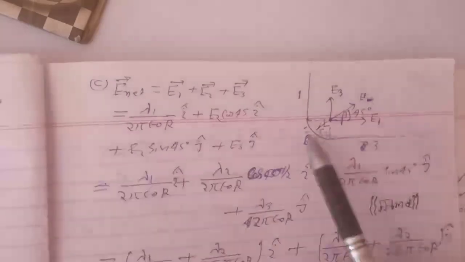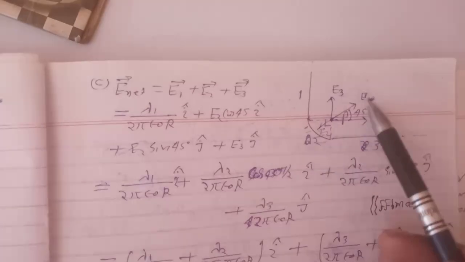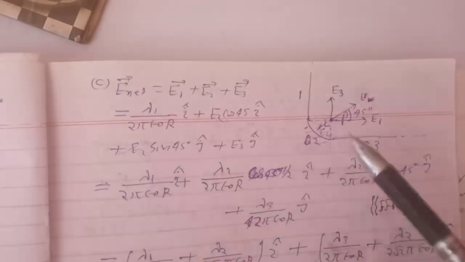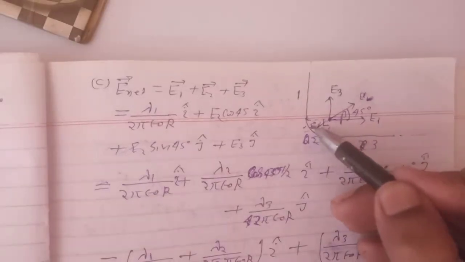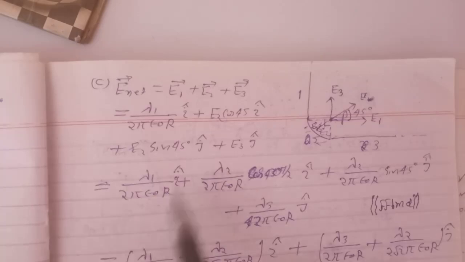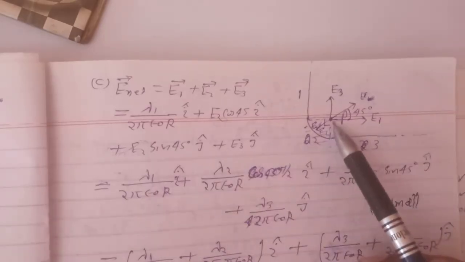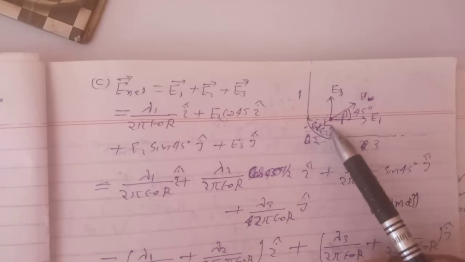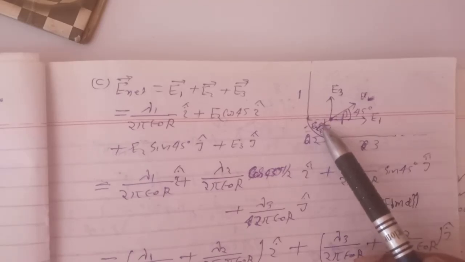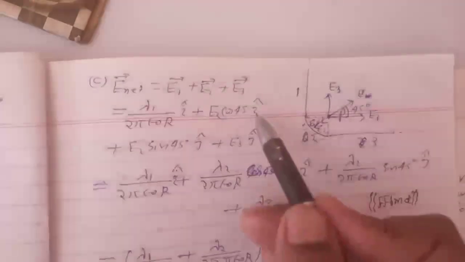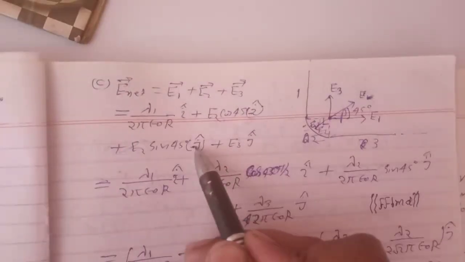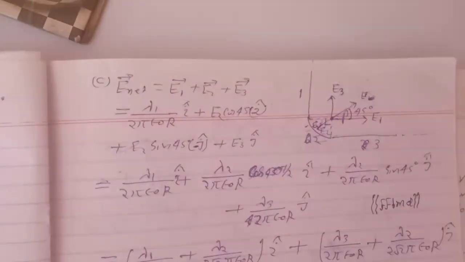So here, because it is negative, E2 will be in this direction. If this is 45, then this is also 45, and E2 cos 45 into minus i cap, and it will be minus j cap, plus E3 j cap.